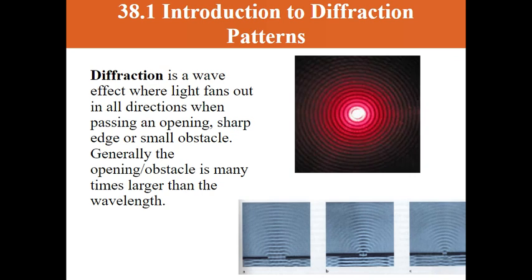But basically, when they pass through a small opening or even a small obstacle, or a sharp edge, the wave becomes anew. It begins from the other side of the obstacle or from the other side of the slit as a point source. So it's like a new ripple gets created on the other side, and that's diffraction.